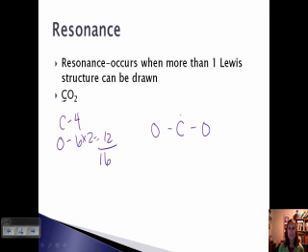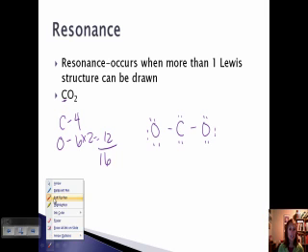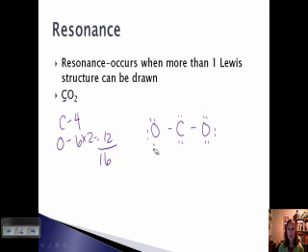I'm going to single bond everything first and satisfy everything's octet rule, and then compare that to my 16. So I have 2, 4, 6, 8, 10, 12, 14, 16, 18, 20. I have too many. That means I need to do double bonds. I'm going to erase this pair and have them share right there. 2, 4, 6, 8, 10, 12, 14, 16, 18.